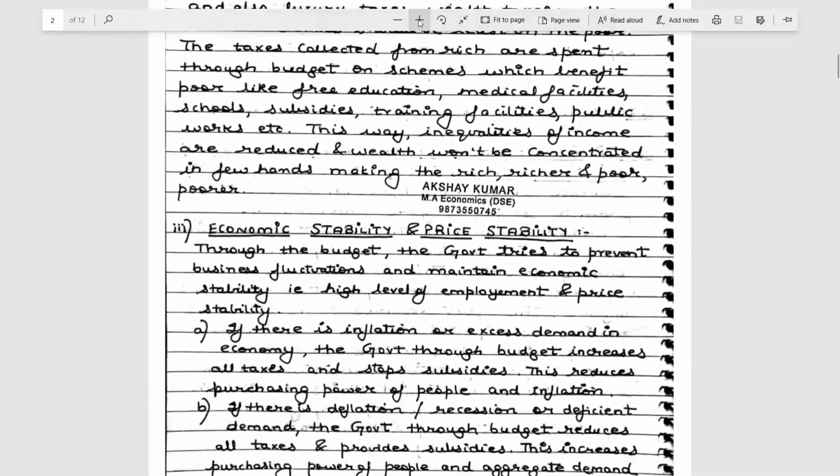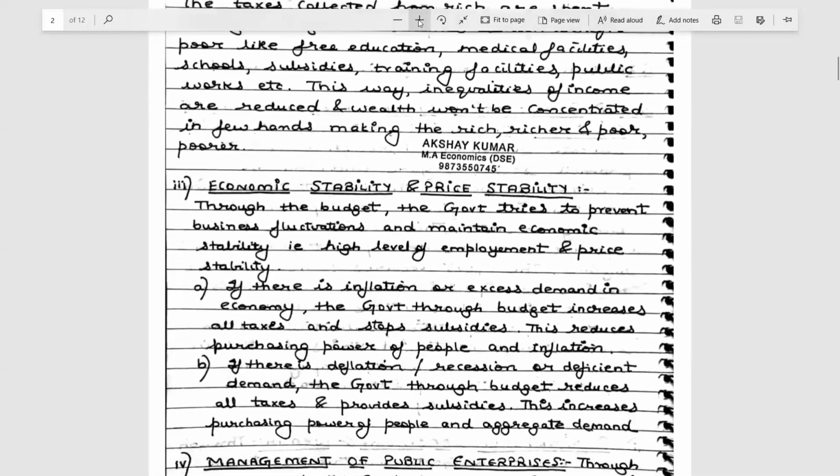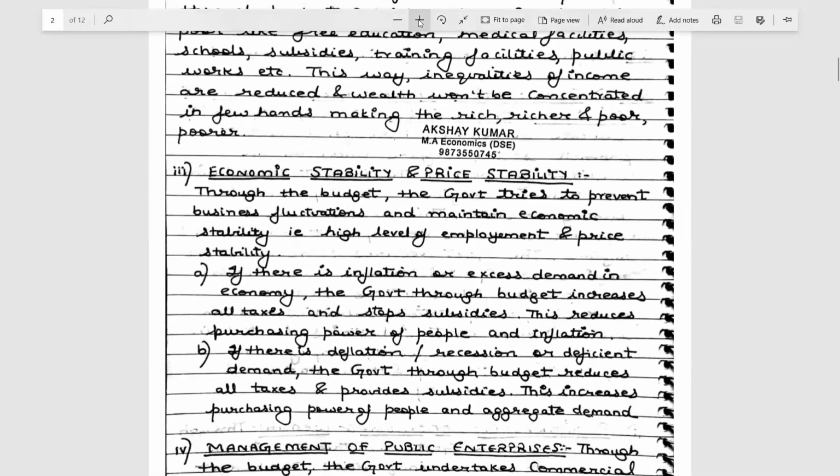Then the third objective of preparing a budget: economic stability and price stability. Obviously, the government also prepares a budget to prevent fluctuations in the economy. Everyone wants an economy to be stable. Everyone wants prices to be stable. It should not happen that prices are going too high in the economy, causing inflation.